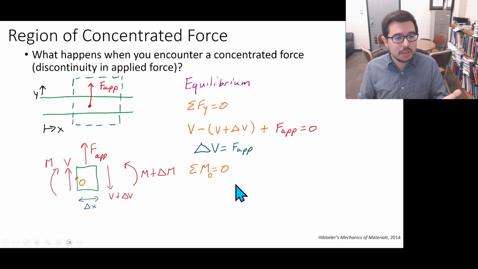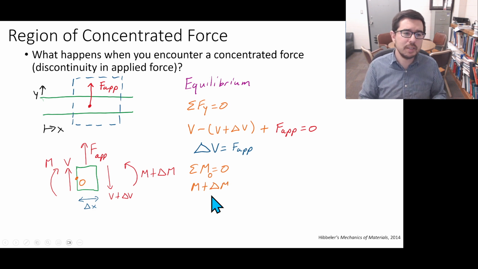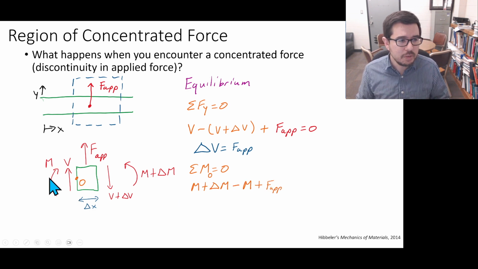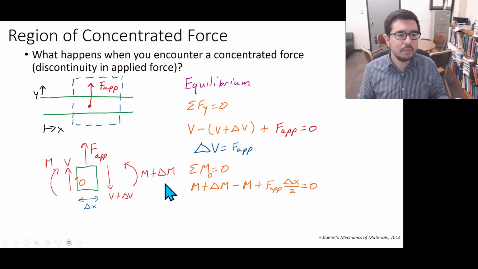So we can sum the bending moments at some location, say O here. When we do that, we have a contribution from M, and we have a contribution from M plus delta M, and this contribution is negative, so that's the minus M that you see here. This contribution is positive. We also do have a contribution from F app. It's a distance delta x over 2 away from O, and it is positive in nature.